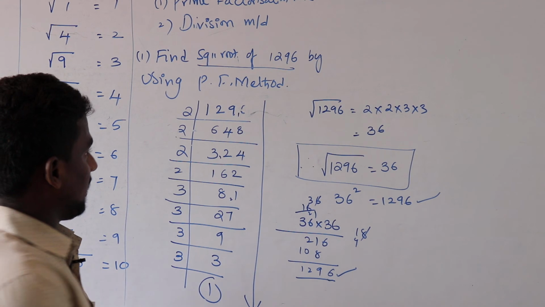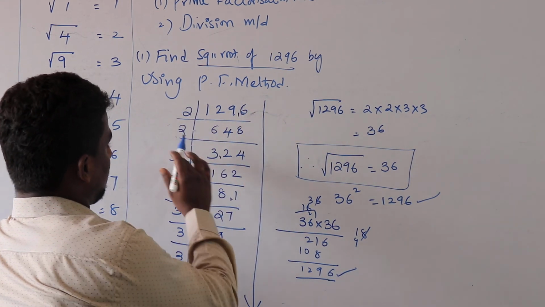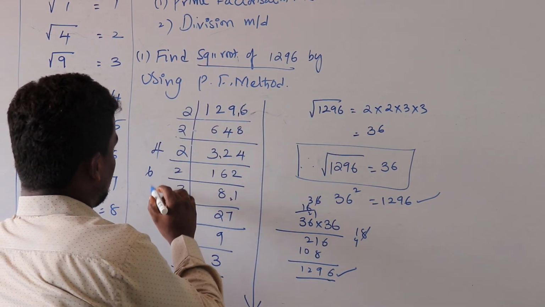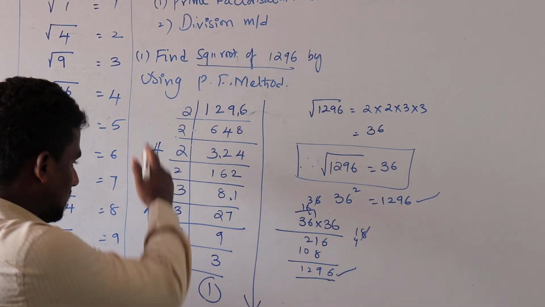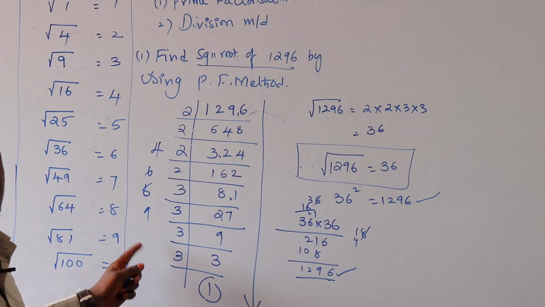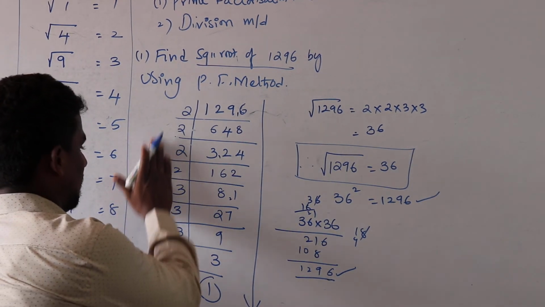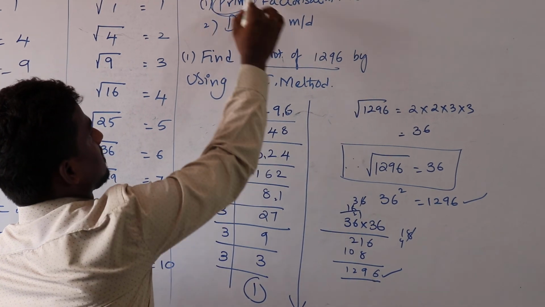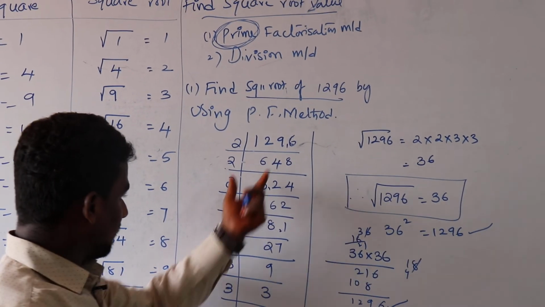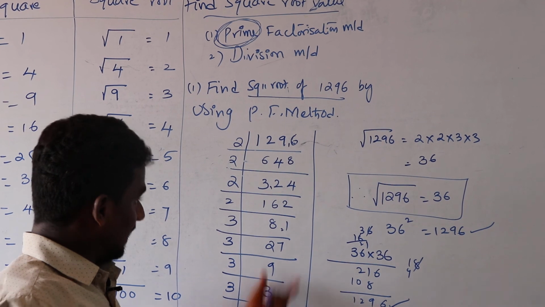We have to divide the given number only with prime numbers, not with other numbers. 4, 6, 8, 9 are not prime numbers, these are even numbers. So I have to divide the given number only with prime numbers, that is very important, till 1.